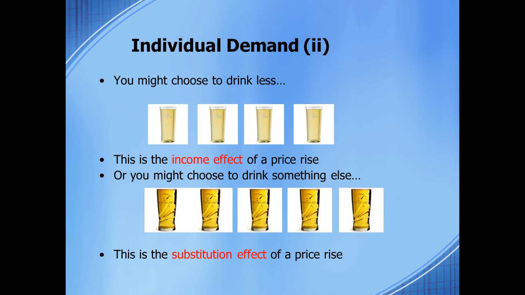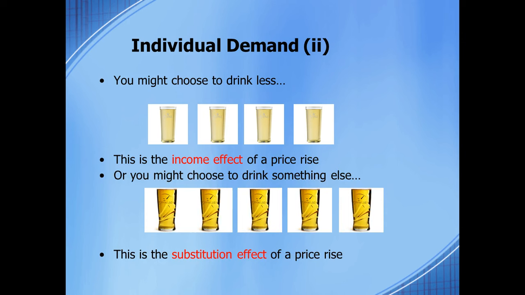Okay, so if we look at this lovely Rolex watch here and we think about individual demand, the individual demand for a particular product is the amount that an individual is willing and able to purchase at the current price. So your demand and my demand for this watch is probably 0.